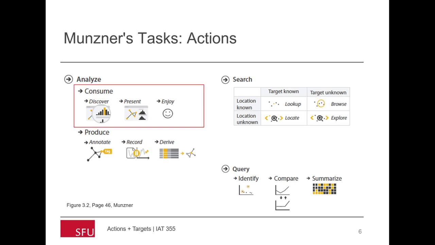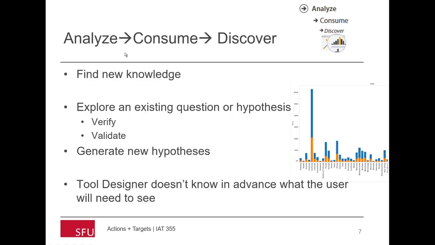So first, let's focus on the consume subset of analyze. So analyze, pointing at consume, pointing at discover. Discover is a process that we all think of when we're thinking about doing visual analytics. The purpose of doing discovery is to find new knowledge. The act of finding new knowledge, of course, is very important in visual analytics.